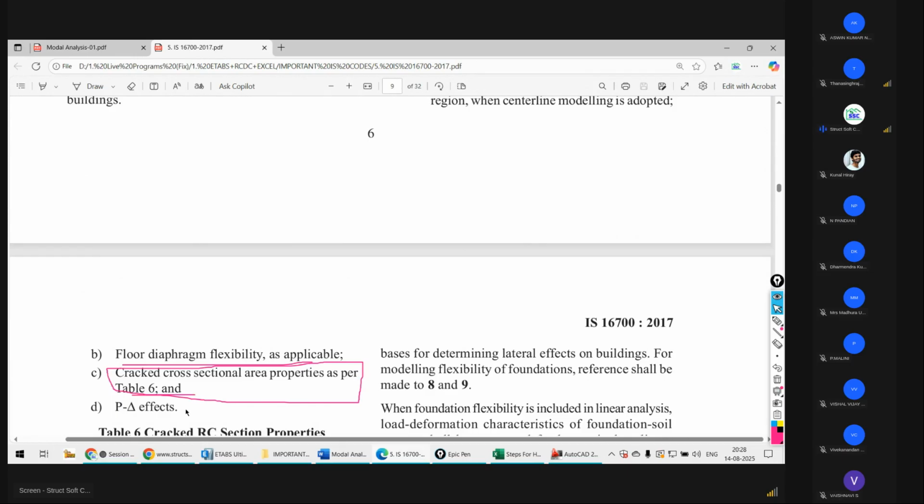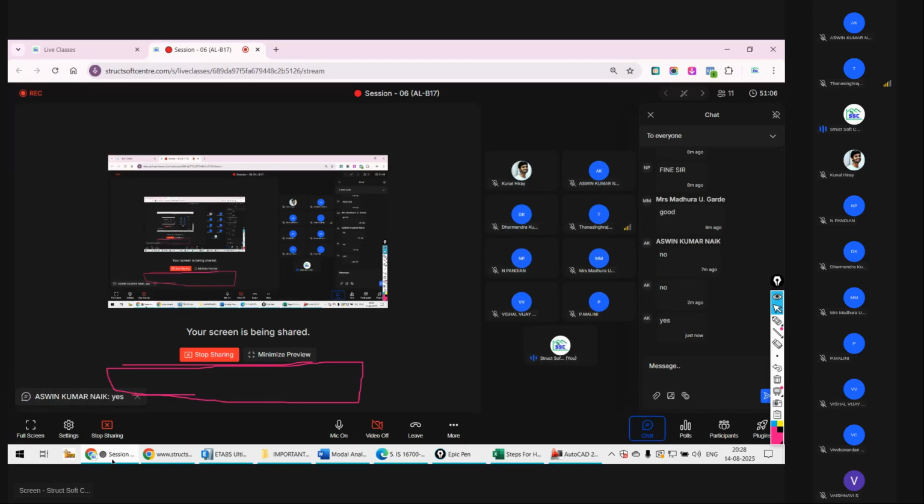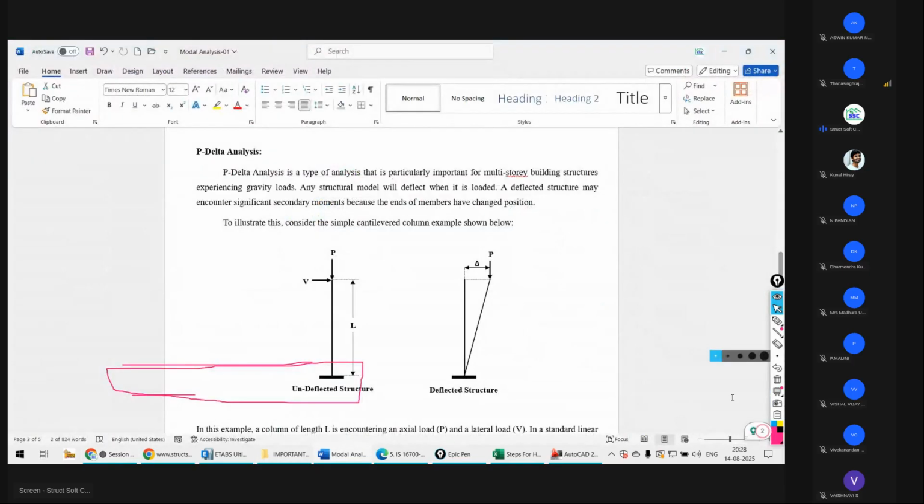You are going to consider the displacement of your structure, whether the deflections are within limit or not, and due to those stresses we design our structure. So that is the first order of P delta. First order of deflection, first order of P delta effect, we consider in any structure. Have a look over this.